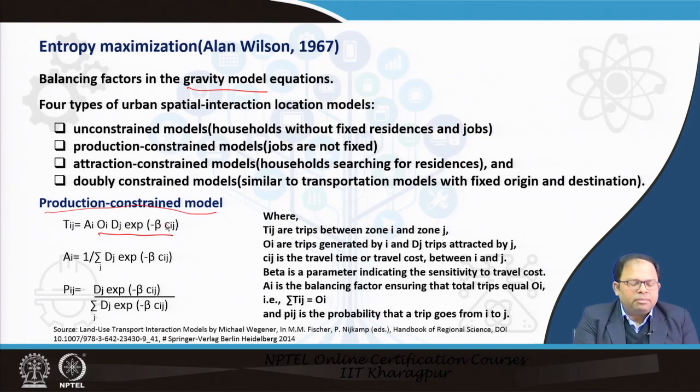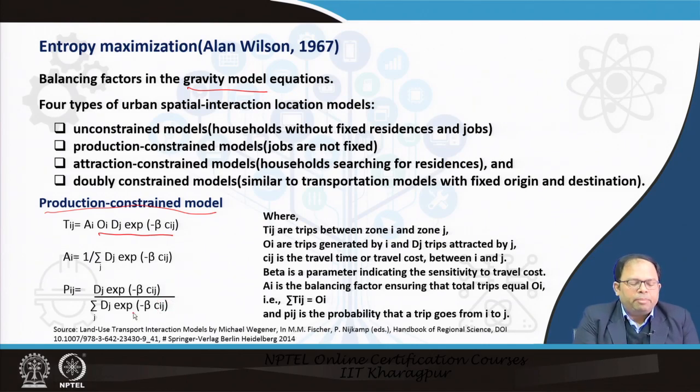That basically helps us determine the total amount of trips going between these two zones, and we can also determine the probability Pij using the balancing factor. We can predict the probability of a trip that goes from i to j is this particular value.